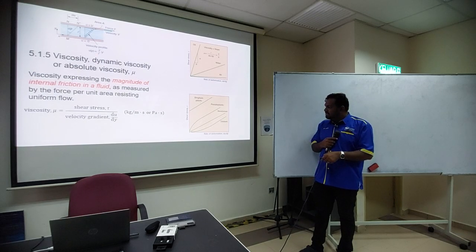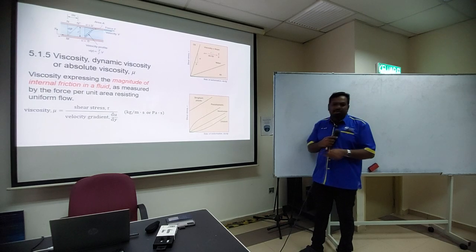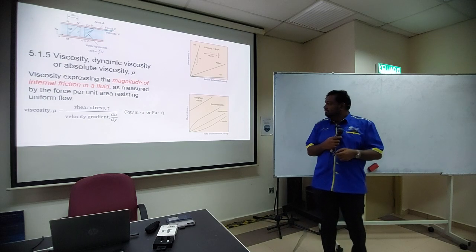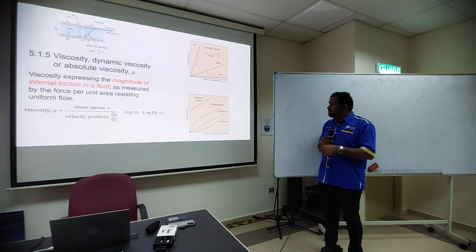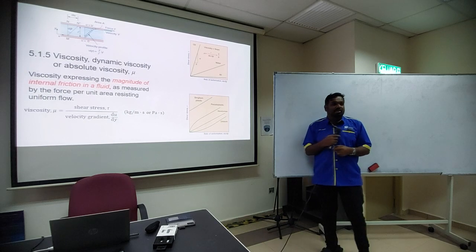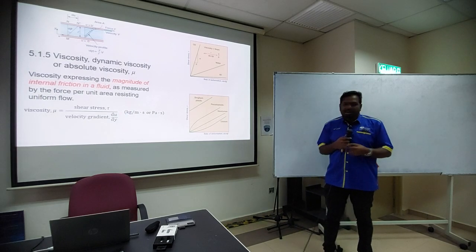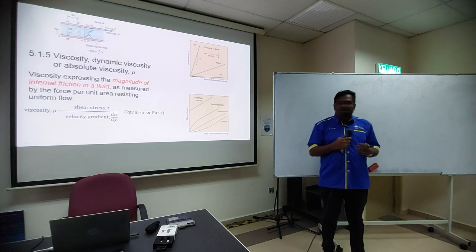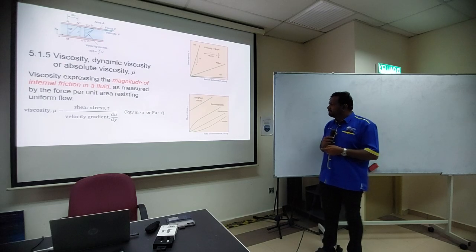If it starts from 0 but is not a straight line, like this or like this, we call it a non-Newtonian fluid. Other types of fluid, like Bingham plastic, pseudoplastic, dilatant, are all considered non-Newtonian fluids, like toothpaste.